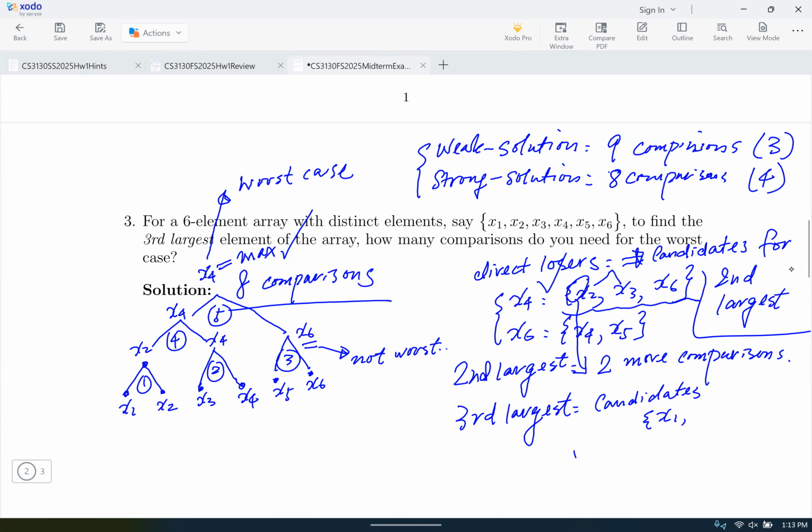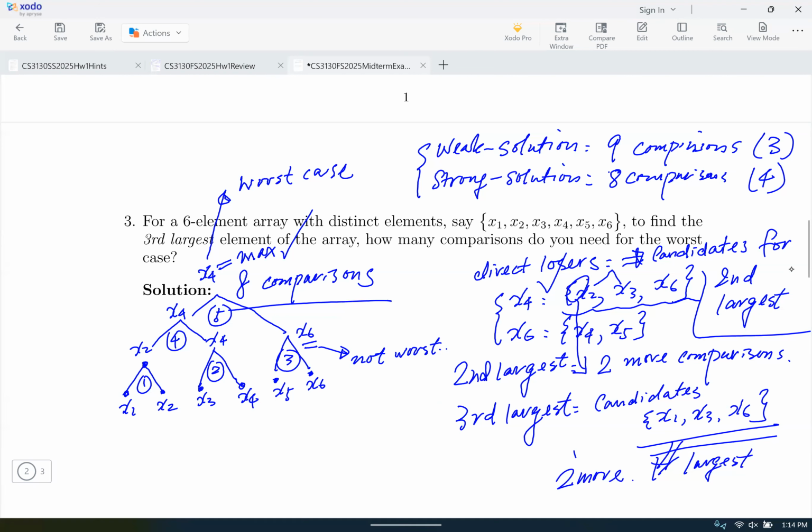X1 is a direct loser to X2. Then X2 also beat the other 2, right? X2 beat X3 and X2 beat X6 in the second round. So you have 3 candidates for the third largest. With 3 candidates, you need to find the largest one. You need 2 more comparisons, right? With 3 elements, to get the largest, you need 2 more comparisons.